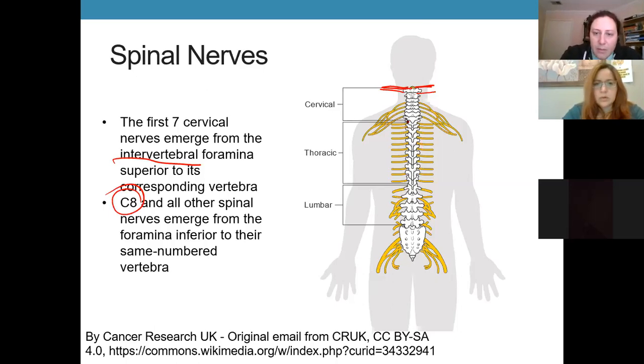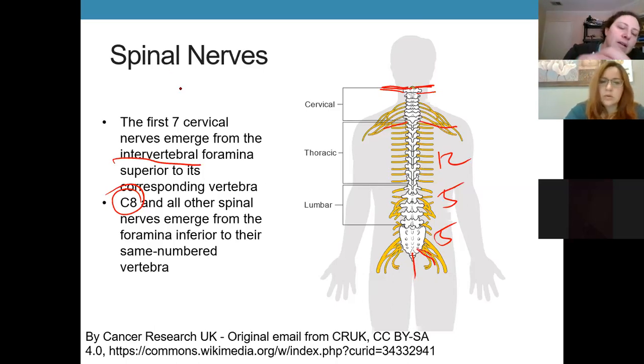So they come out below or inferior, and then all subsequent spinal nerves, so the 12 thoracic, 5 lumbar, 5 sacral, all come out inferior to their vertebral segments, and then the little coccygeal guy comes out here. So even though we would technically have like 30 vertebrae, we have 31 spinal nerves, pre-fusion, of course.